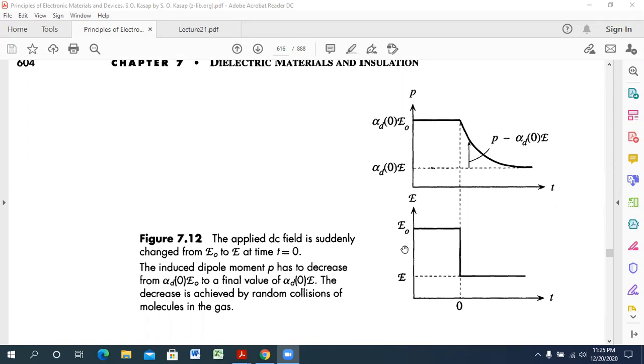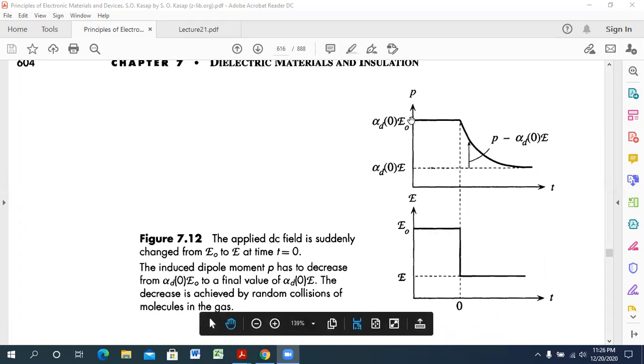If we apply a DC electric field, starting from E naught, then at this particular time we get a fixed polarization, known as alpha d at zero, for DC conditions E naught. If we look carefully at this figure, up to time zero it is equal to zero.